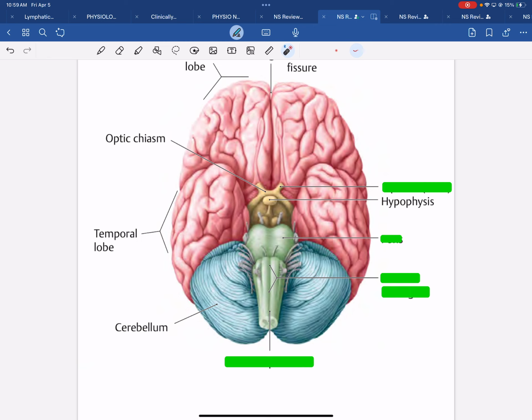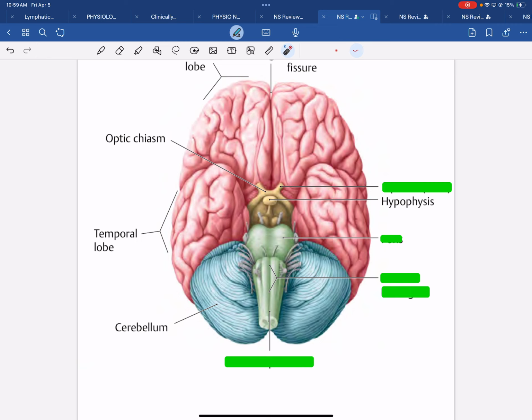And you can get tumors here, and it can press on your pituitary, and all types of things can happen. Like you can grow too big, or you can not grow at all, or you can not go through puberty, or you can have problems with your cortisol, right? Or your thyroid hormone levels, right? All because of this small little gland, yeah.